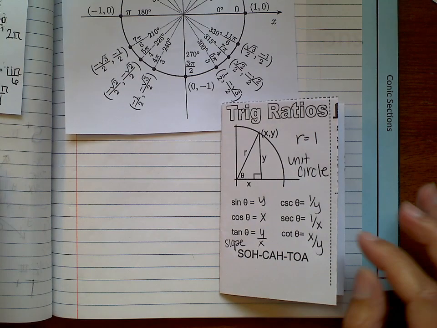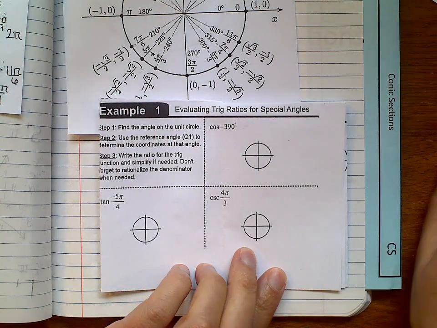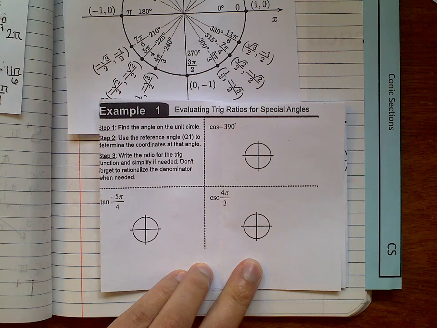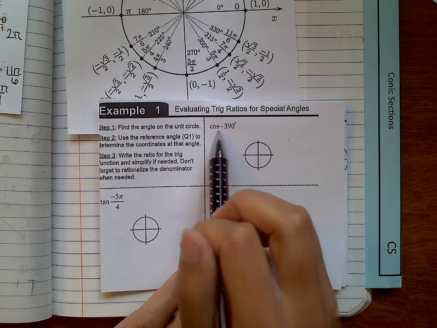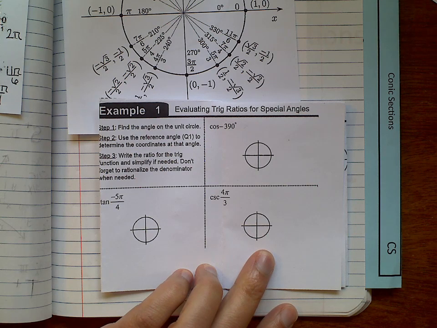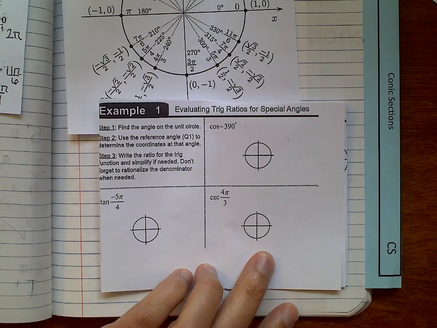So, okay. If I'm finding the trig ratio for a special angle, I do not need my calculator for it. So if I'm doing the cosine of -390, I want to think about that 390 and see if I can relate it back to one of my 30, 60, or 45 reference angles.